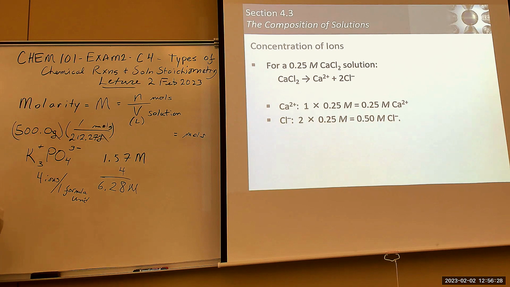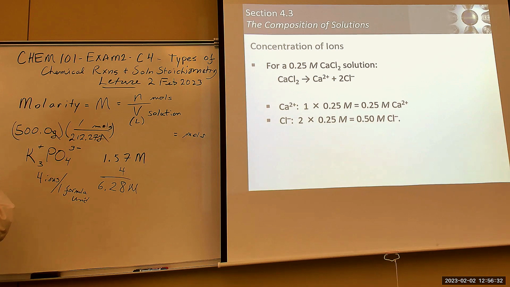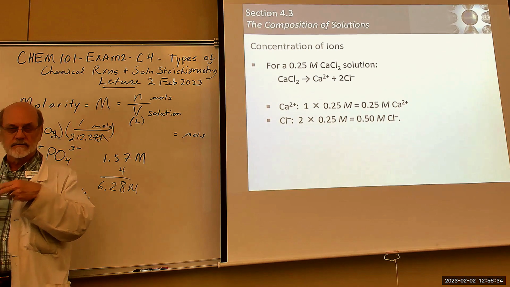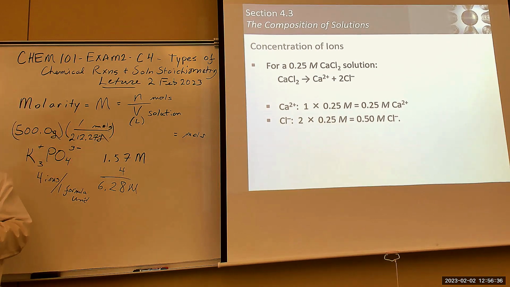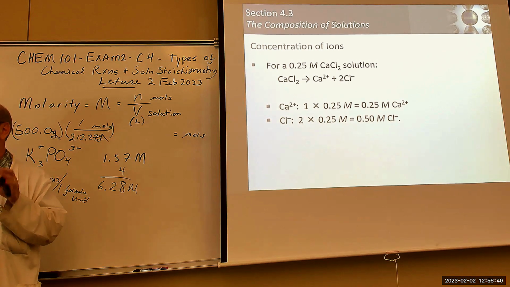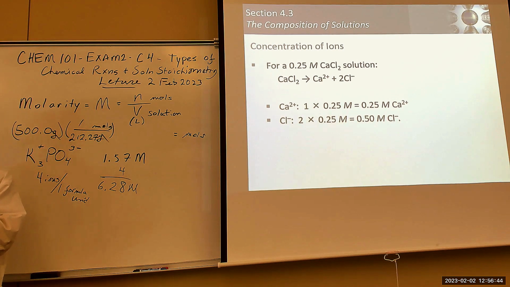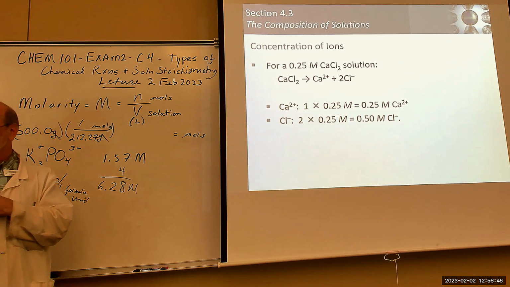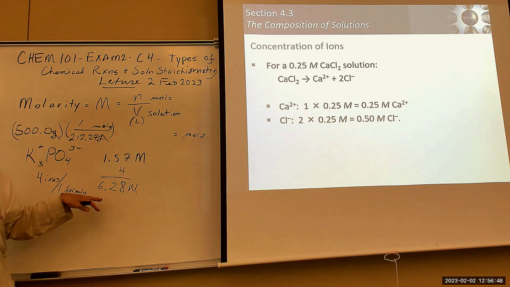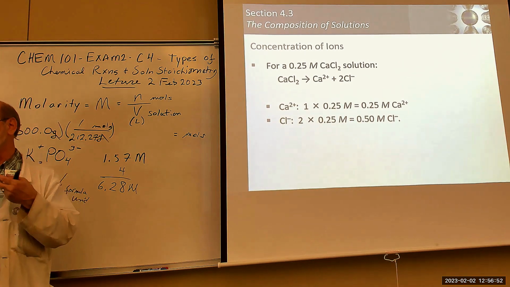Now, why would we want to know that? Well, I can think of one good reason. If you're in the medical profession and you're making up a solution for an IV for your patient, and you don't give them a solution that's isotonic with their body fluids, you'll kill them. And isotonic solution, I'm not sure what it is in molarity, but I know it's 0.9%.